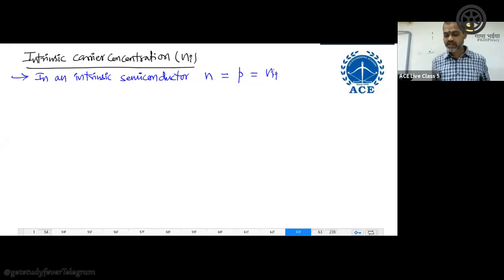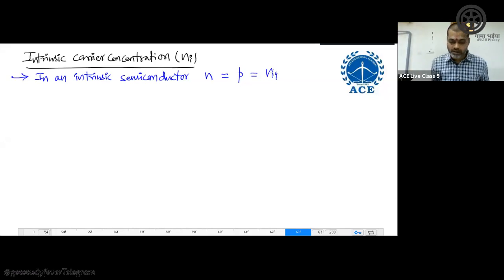See, you take any material, electrically it should be neutral. What is that law called? Law of electrical neutrality. Yes or no? What is the meaning of that? However many positive charges are there, the same number of negative charges must be present. Otherwise, it is not stable in the system. Okay, hope I am clear.